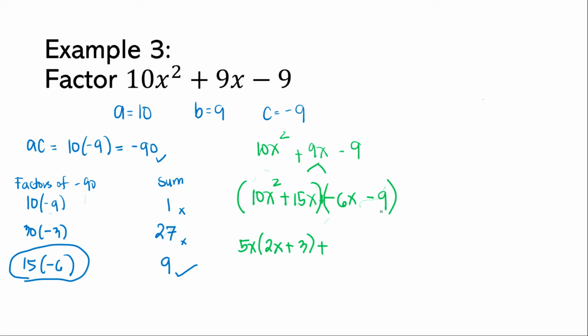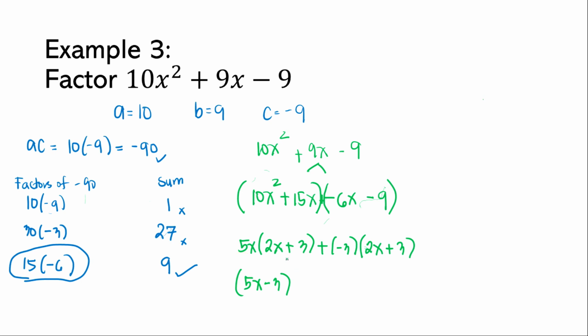We can actually factor out a negative 3. Sige, pinactor out ko si negative 3, which will give us, ang natira sa loob niya is 2x plus 3. So, etong dalawang sign na to will now become minus. So, that is 5x minus 3.